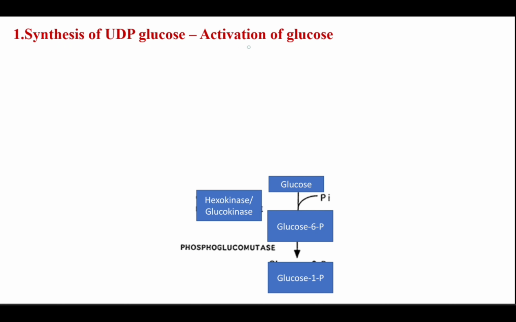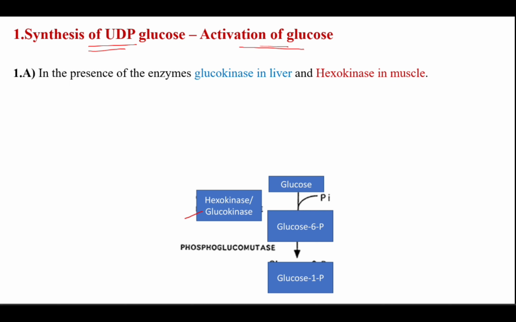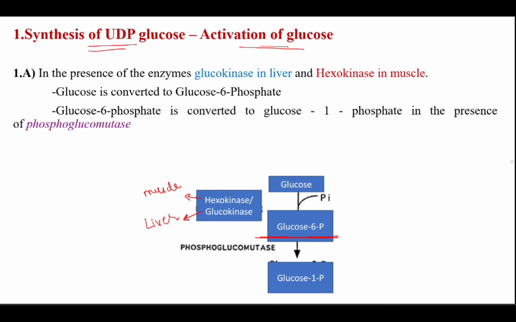First step is the activation of glucose, or the synthesis of UDP glucose. In the presence of the enzyme glucokinase in liver, whereas hexokinase in muscle, glucose gets phosphorylated to form glucose 6-phosphate. Now this glucose 6-phosphate is converted to glucose 1-phosphate in the presence of the enzyme phosphoglucomutase.